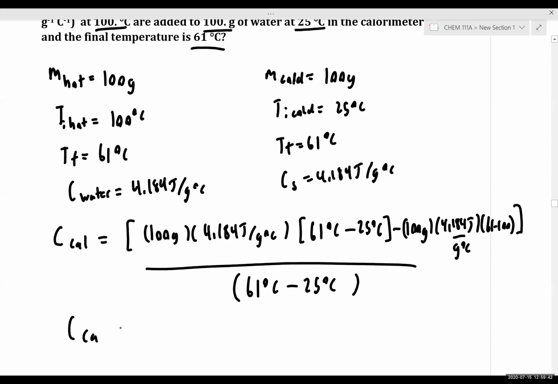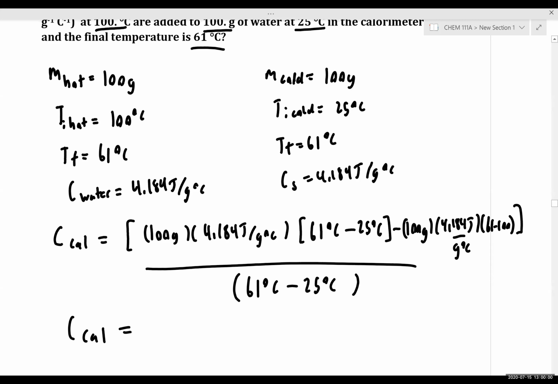So if we punch this into our calculator, this in turn will give us the heat capacity of our calorimeter. So let's enter that into our calculator.